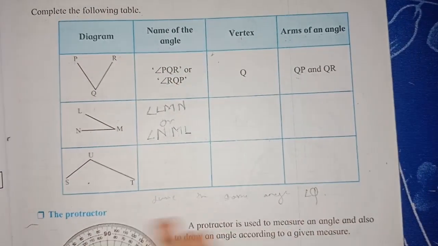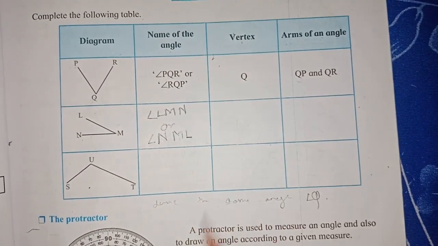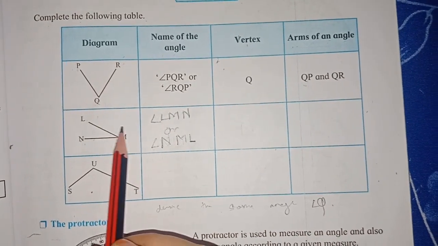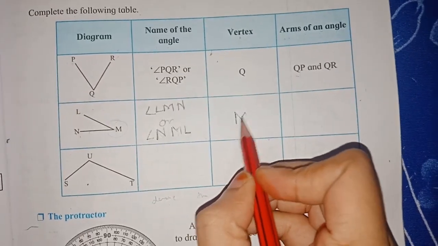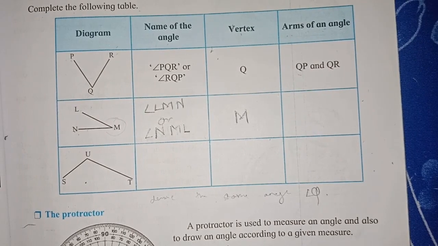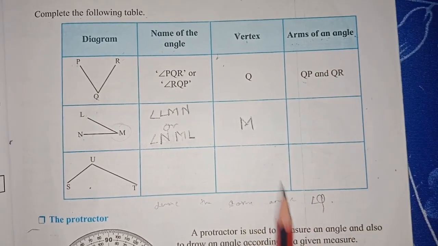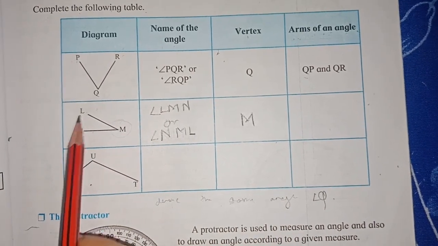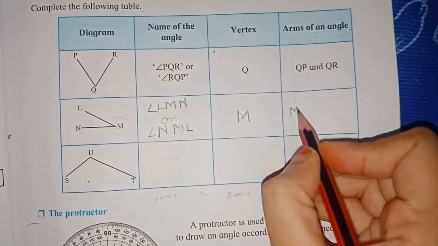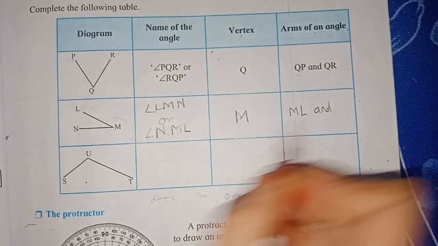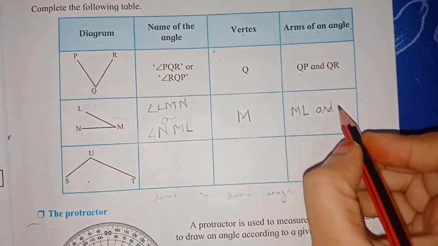Okay. Now vertex is M. Done. Now arms of an angle, ML and MN.